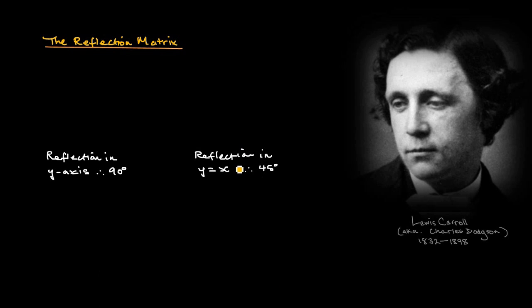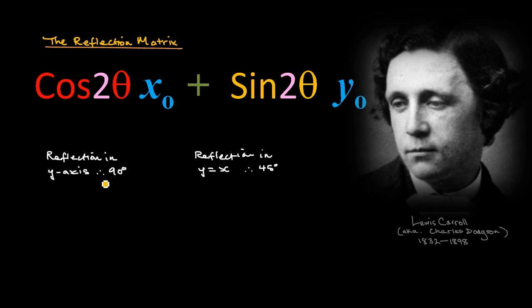So first of all, let's have a look at reflection in the y-axis. With reflection in the y-axis, or in fact any of these reflections, the x of the image follows this formula here. So the x of the image can be found for any type of reflection by calculating the cosine of double the angle.